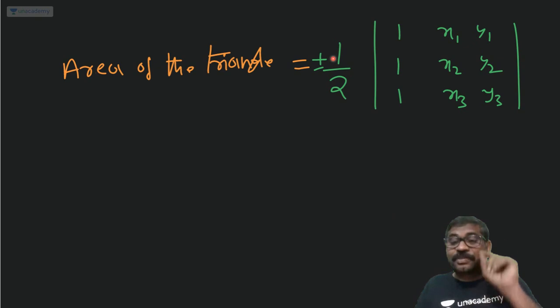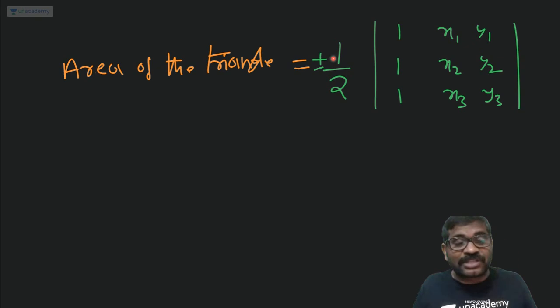Sir, why have you taken plus or minus 1 by 2? Suppose if your determinant value is minus of some real number, you have to take minus 1 by 2. If the determinant value is positive, you have to take plus 1 by 2. Understood? That's why plus or minus 1 by 2 into the determinant of 1 x1 y1, 1 x2 y2, 1 x3 y3. This is the procedure.